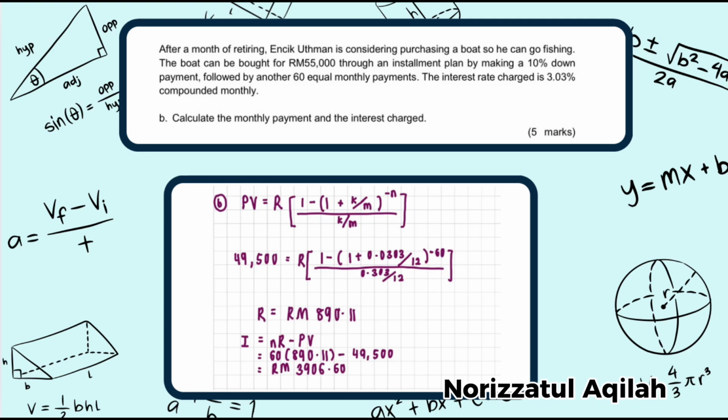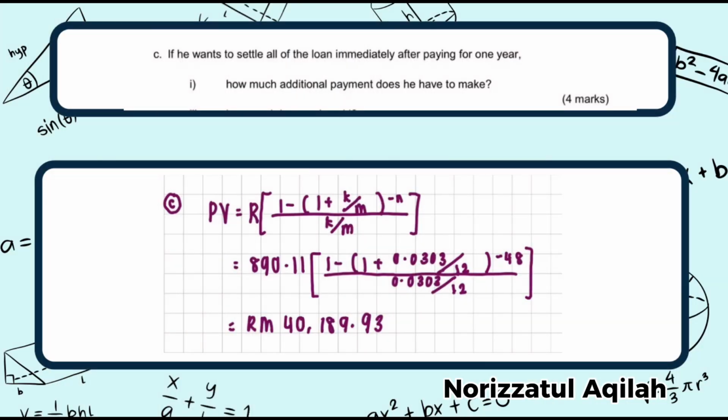After that we need to find the interest charge. Now we need to use the formula I equal NR minus PV. So 60 times 890 ringgit 11 cents minus 49,500 ringgit, and we got the final answer is 3,906 ringgit 60 cents.